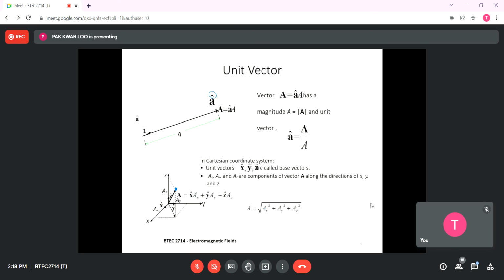The magnitude of A can be found as the x component squared plus the y component squared plus the z component squared, and then the whole thing square root. These are all fundamentals that you should know.